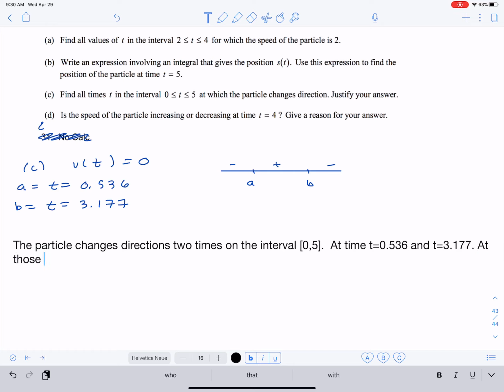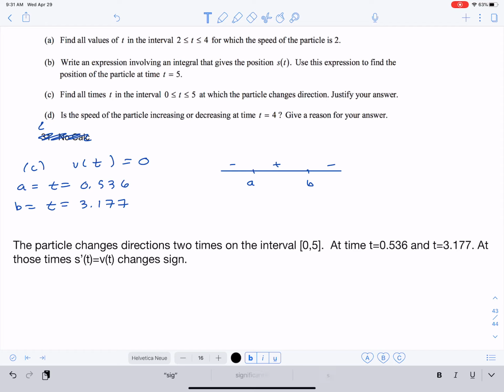At those times, s prime of t, which equals v of t, right? I'm pointing, I'm saying, hey, I'm looking at the v function, right? Changes sign.